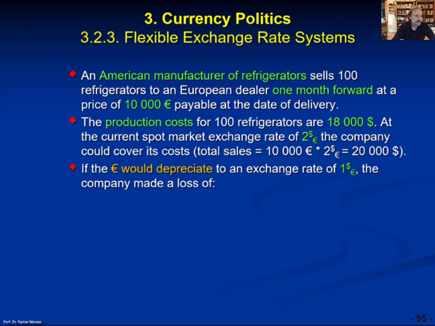If, however, the euro would depreciate, let's say to an exchange rate of $1 per euro only, the company would make a loss equal to 10,000 euro times the exchange rate of $1 per euro yields $10,000 minus the production costs of $18,000 yields a profit of minus $8,000.